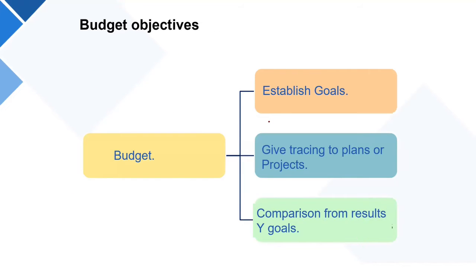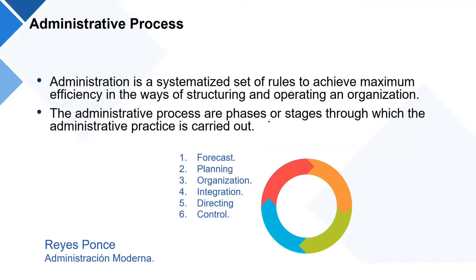When you are creating a budget, you establish goals, you track the plans of the projects that you have, and you also compare the results with the goals that you have. The budget analysis and the creation of a budget per se is really a managerial accounting and managerial-level finance task, related to the administrative process.